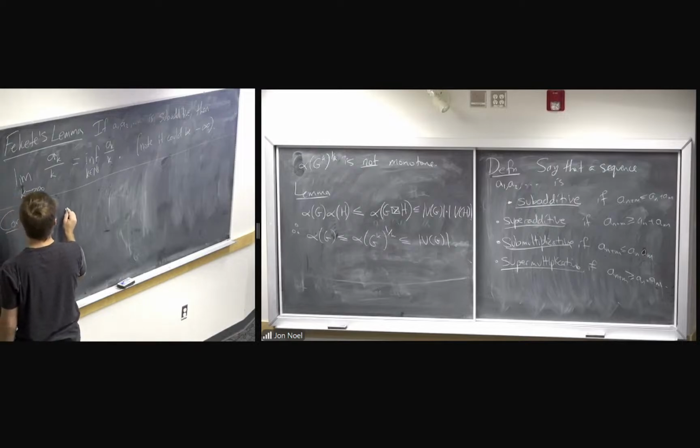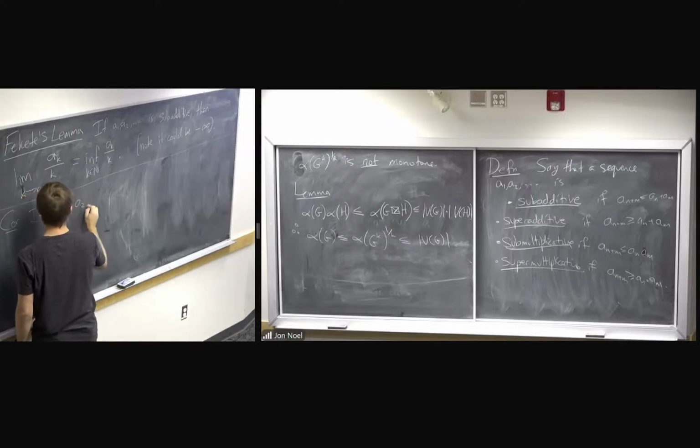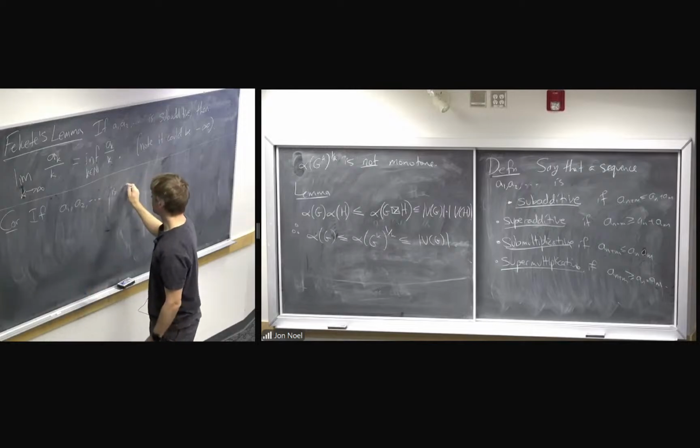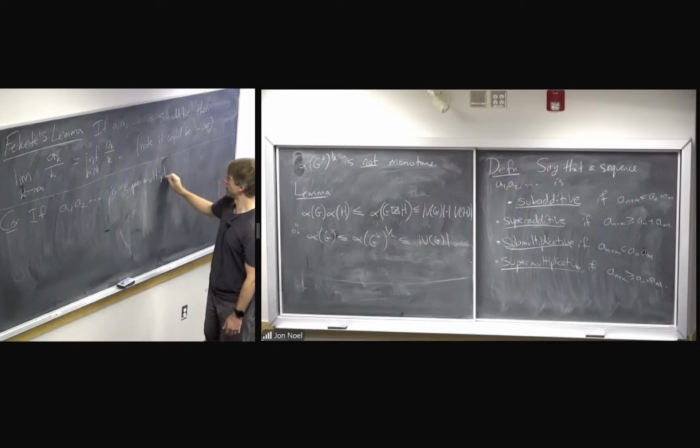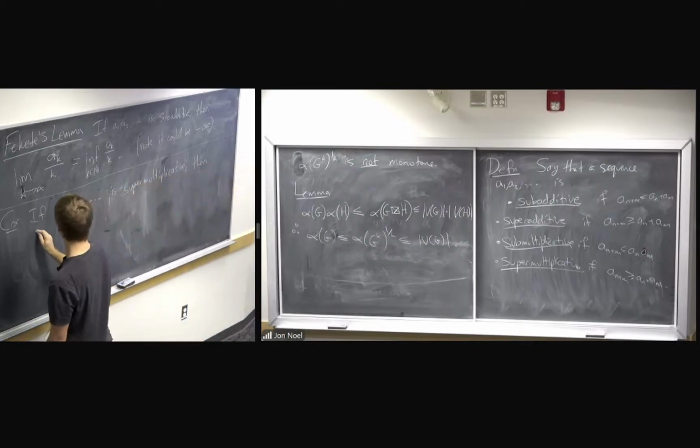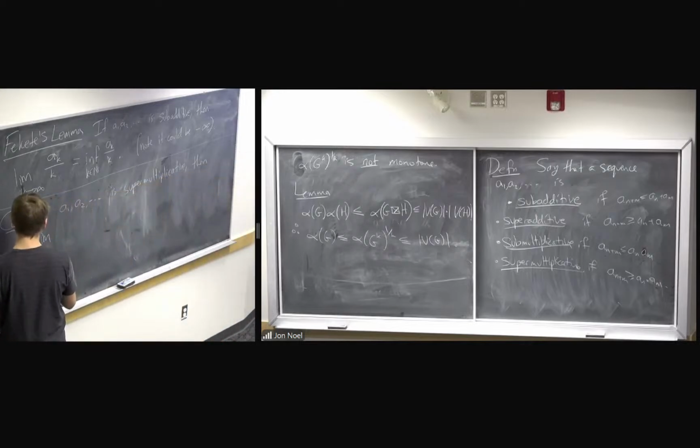if A1, A2, ... is supermultiplicative, then the limit as k goes to infinity of a_k to the power 1 over k turns out to be the right thing when you take logarithms. If I take the log of this, the 1 over k will come out in front.